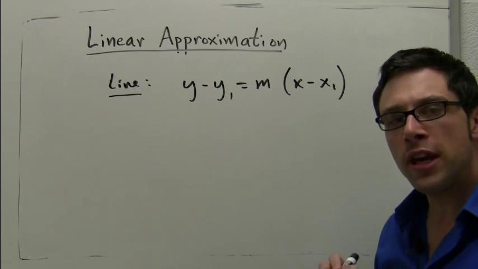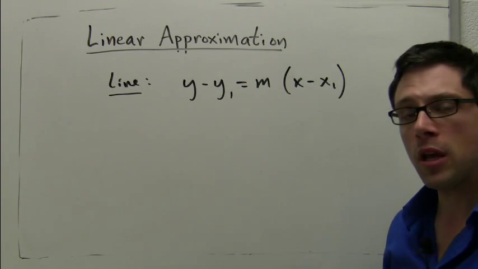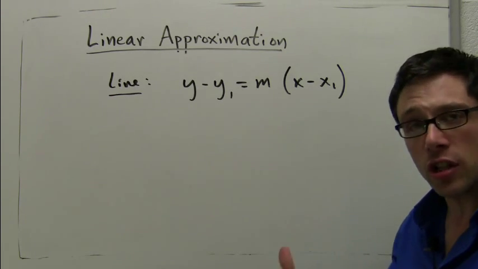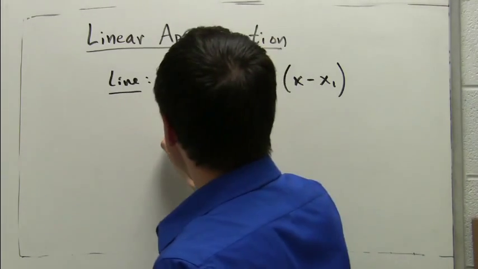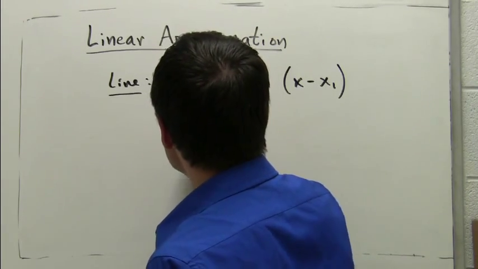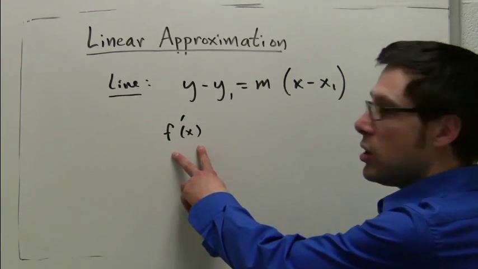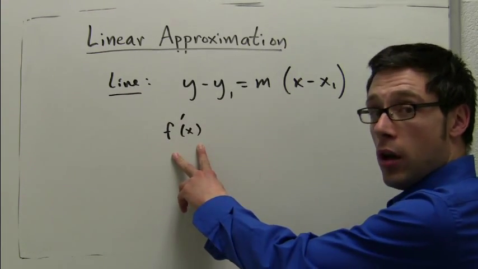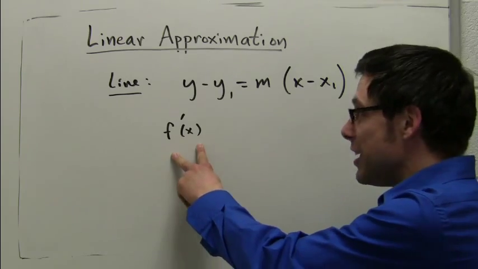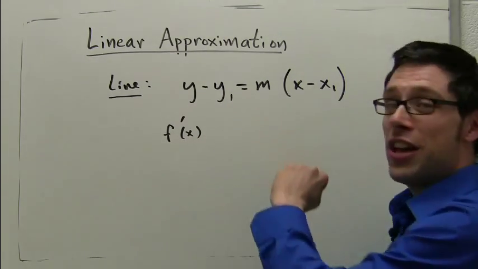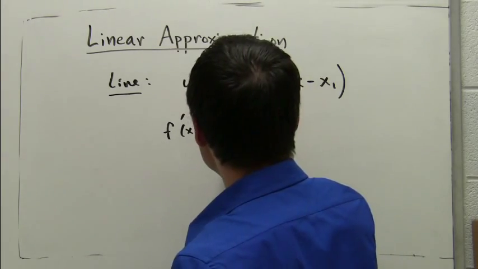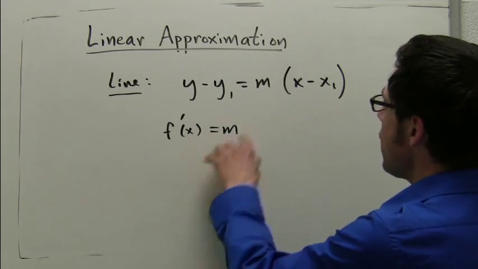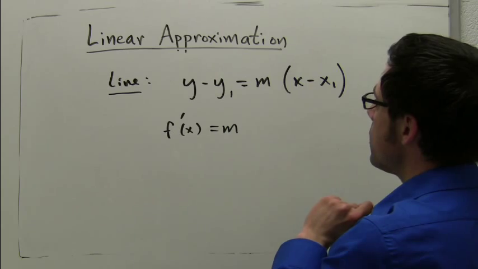But we know in particular for any given function that the derivative of the function at some x value gives me the slope of the tangent line at that x value. So this is equal to m. That's what my m is going to be in this case.